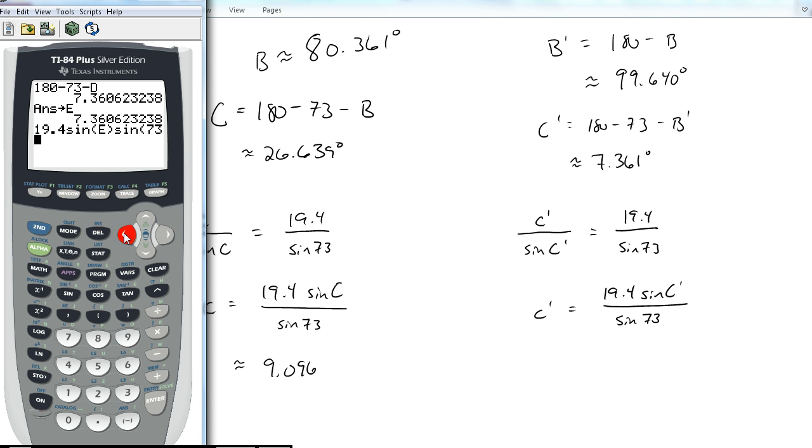Oh, I forgot to put the division symbol in there. Okay, I just inserted a division symbol, so there we go. That looks right. So then I get this side length is approximately equal to 2.599.